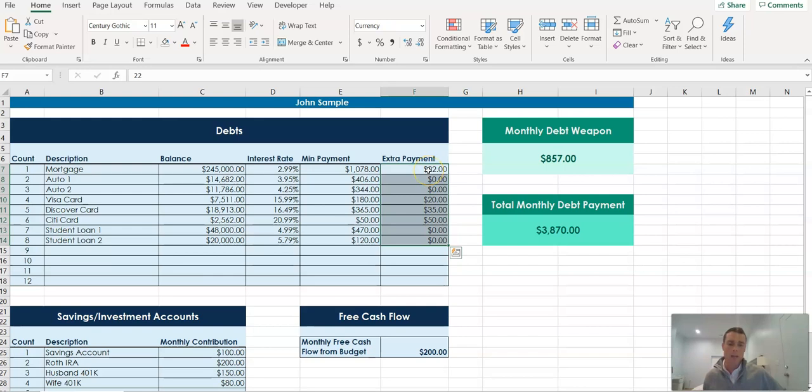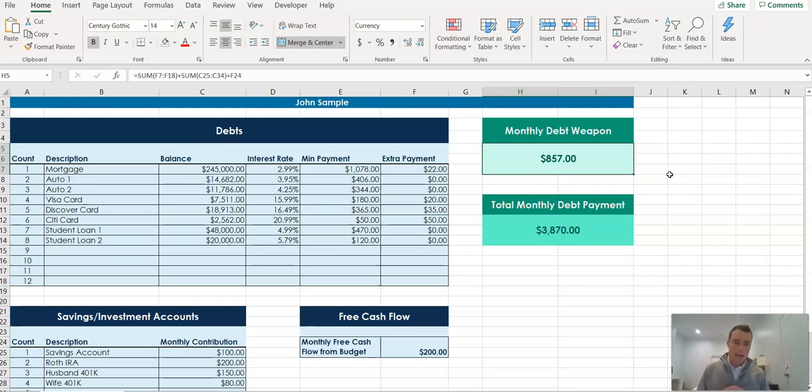We lump all those together for a total of $857 per month. So for the John Sample family, they have $857 per month for their debt weapon. That's what we're going to use to attack these debts and implement this strategy.